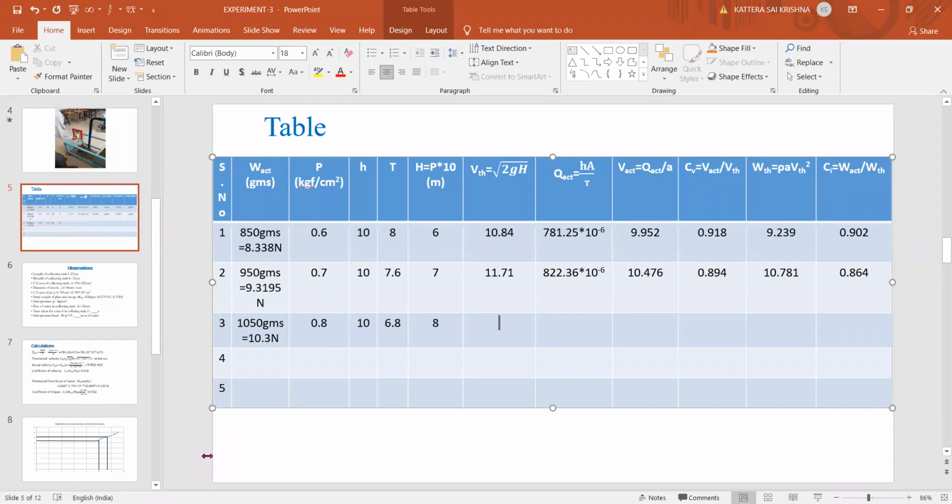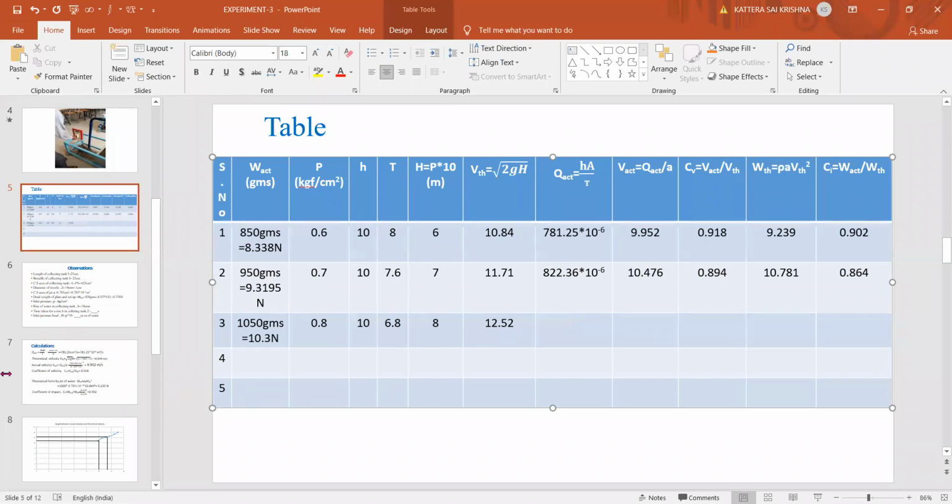Yes, sir, 12.53. 12.52. Okay. 386 Neeraj. Next, 387 Gangaram.